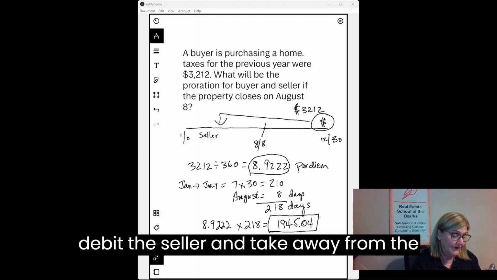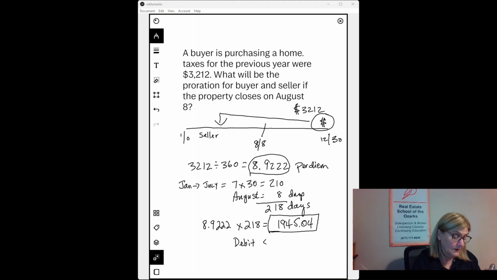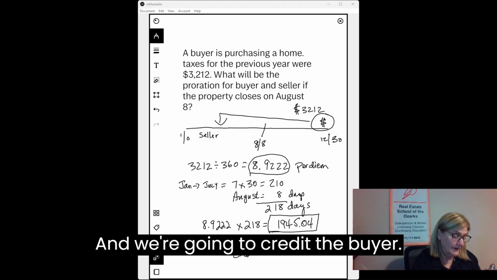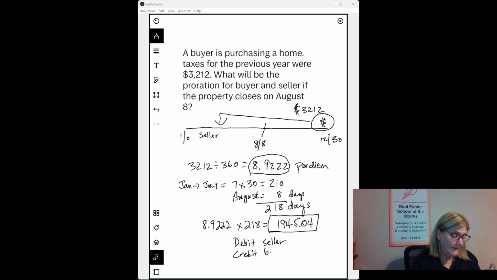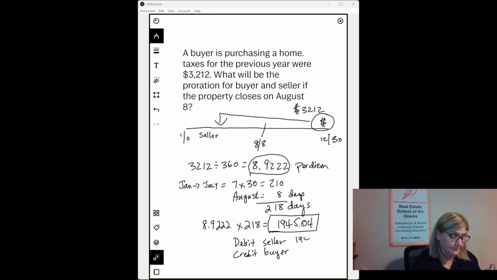We're going to debit the seller, we take away from the seller because they owe the buyer, and we're going to credit the buyer. Always, always, always the same amount.